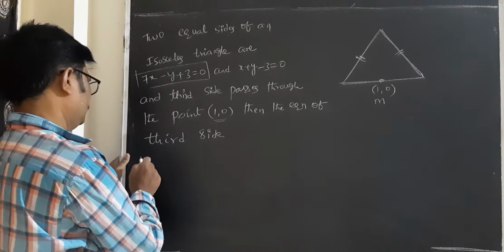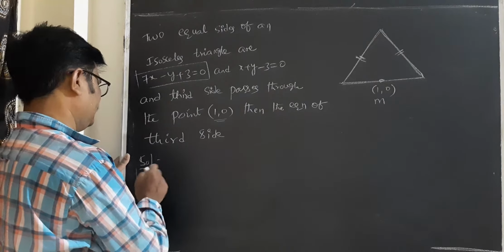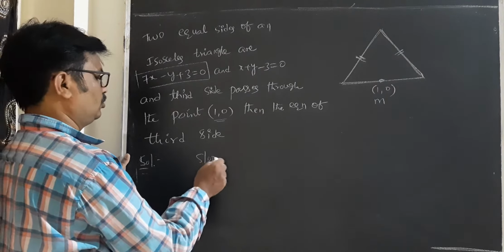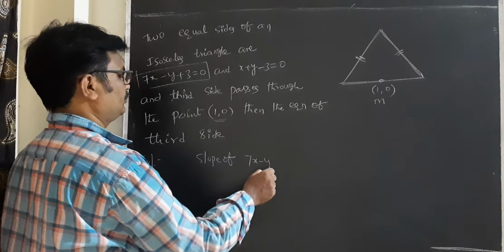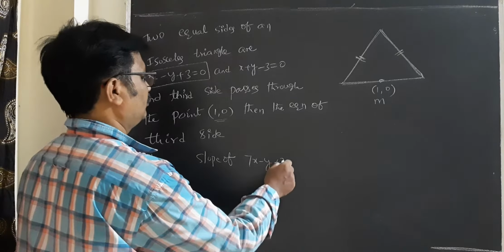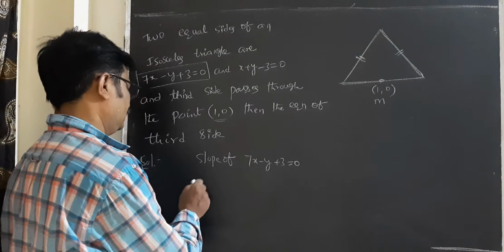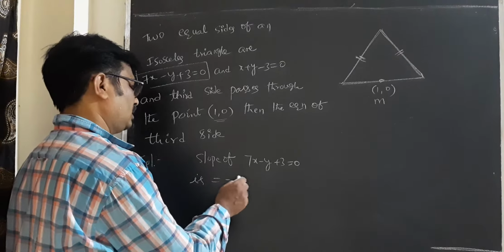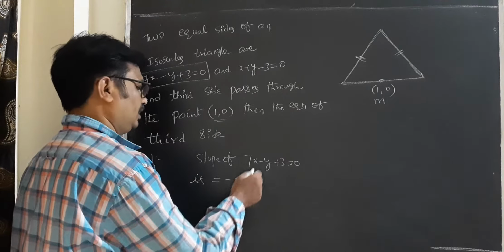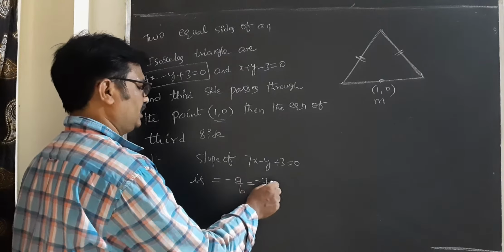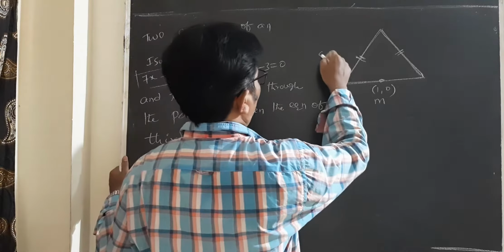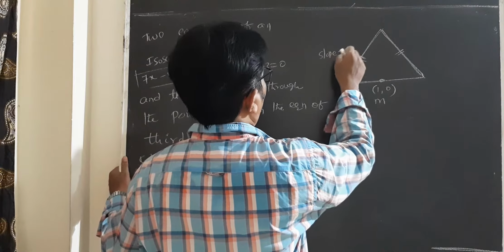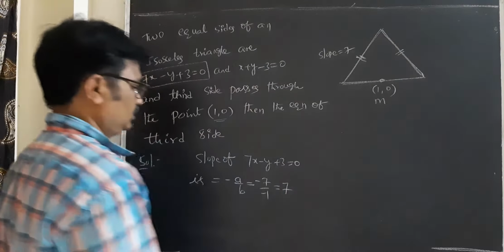The slope of the first line, 7x minus y plus 3 equal to 0, is minus a by b, which is minus 7 by minus 1, so this is 7. The slope of this line equals 7.